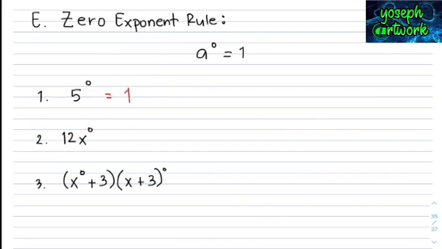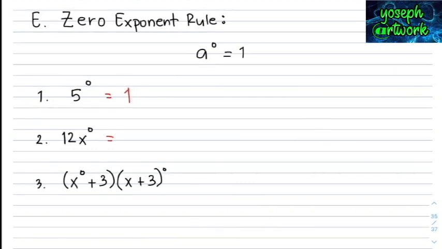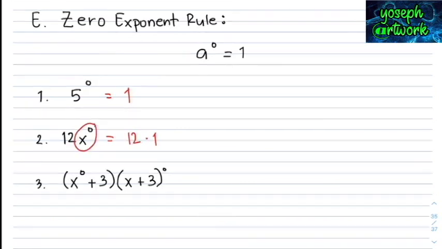Okay? So let's have item number 2. For number 2, we have 12 x raised to 0. As you can see, yung x natin ay merong 0. So that will become 12 times 1. Kasi itong x raised to 0 natin is equivalent to 1.